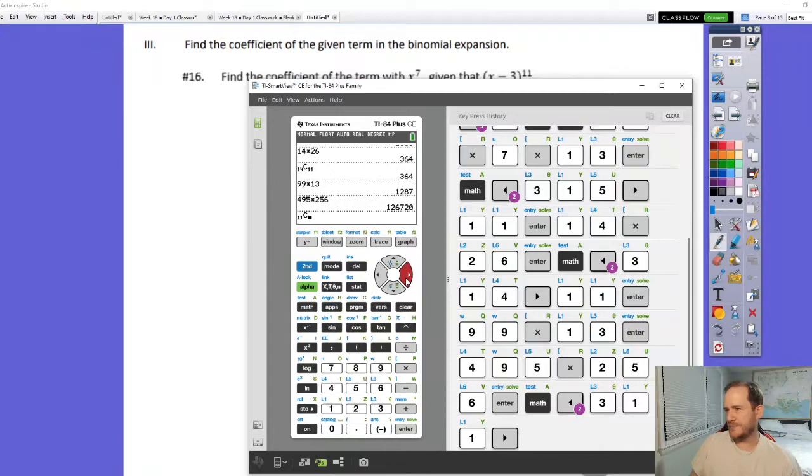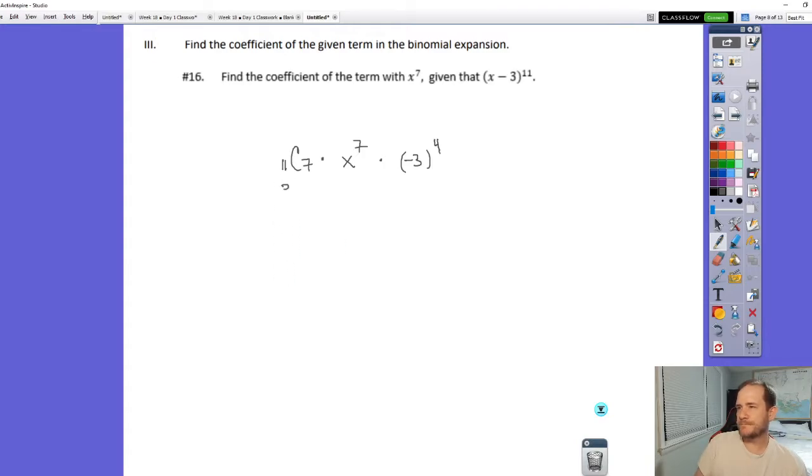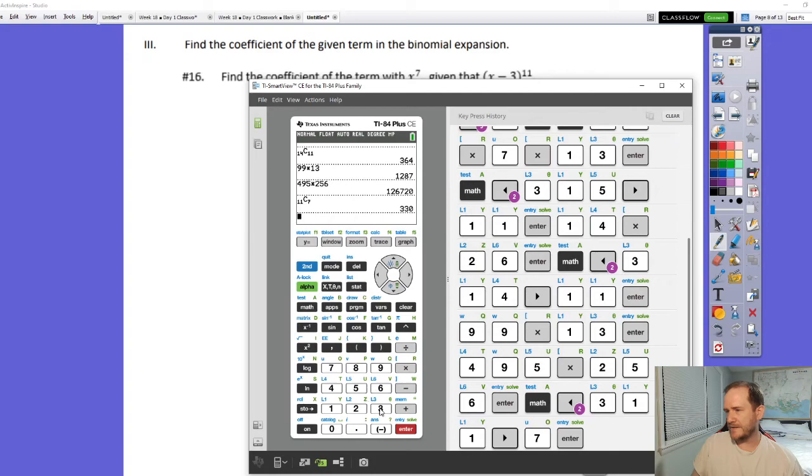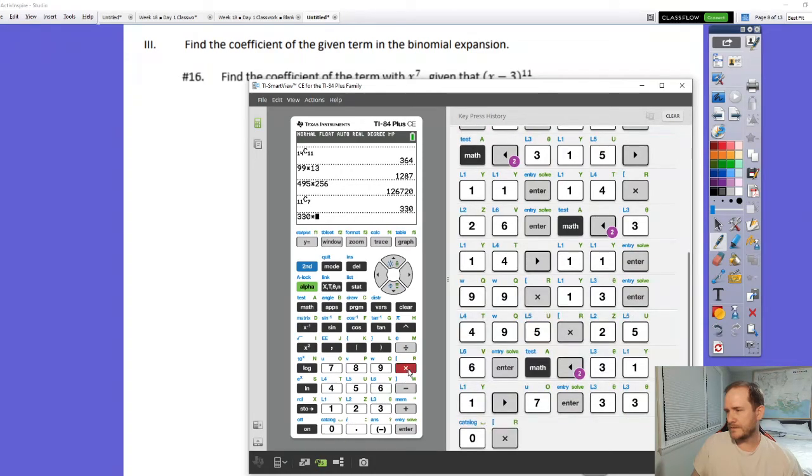We'll do 11 choose 7. 330. Then we've got an x to the 7th that doesn't contribute much. Then we've got a 3 to the 4th, which is 81, and it's going to be positive again. So 330 times 81, whatever that is. 26,730.